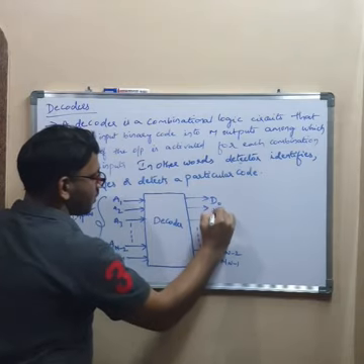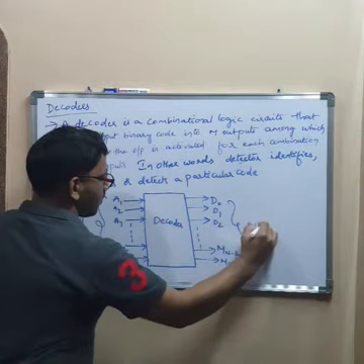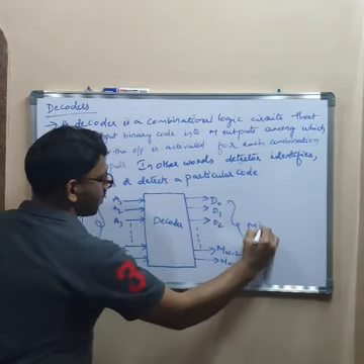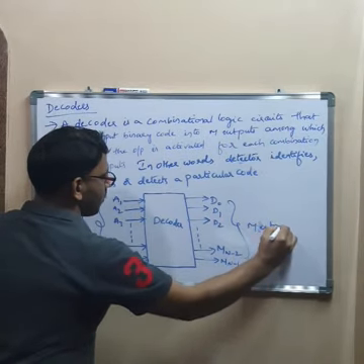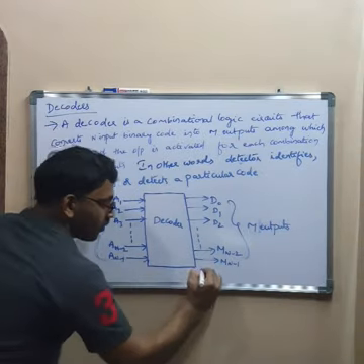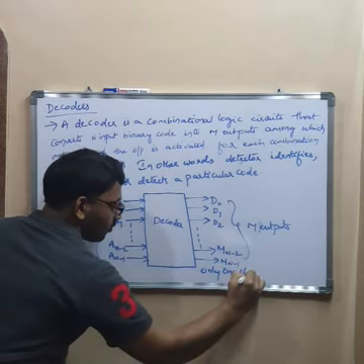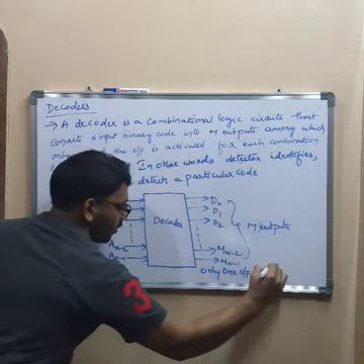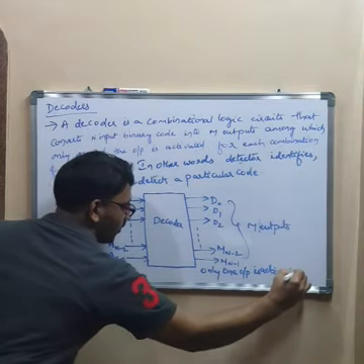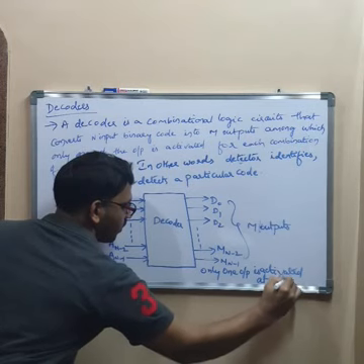These are the m outputs, right? Only one output is activated at a time.